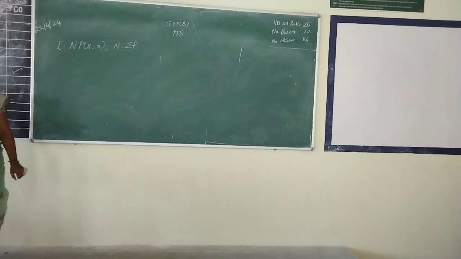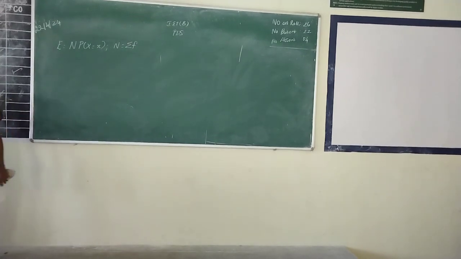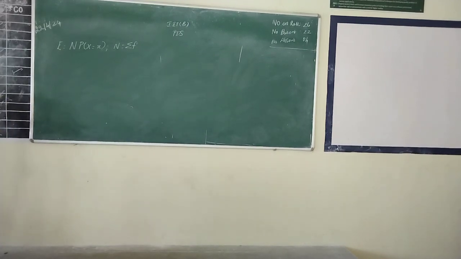The probability of capital X equal to small x depends on whatever distribution you are using. If it is binomial, you replace it by that distribution. If it is Poisson, you replace it by the corresponding distribution.